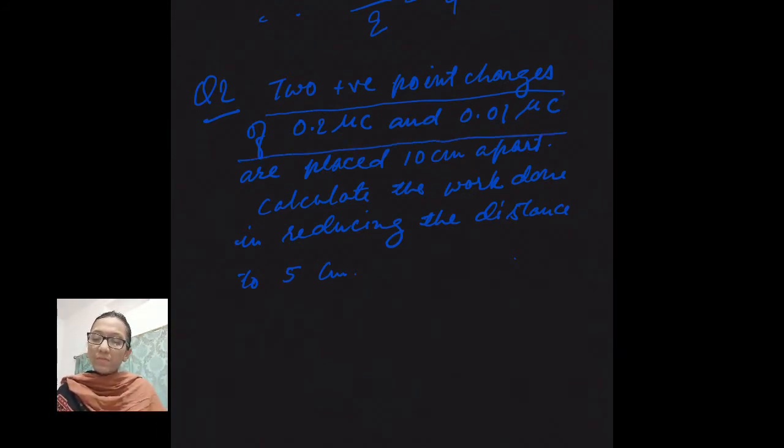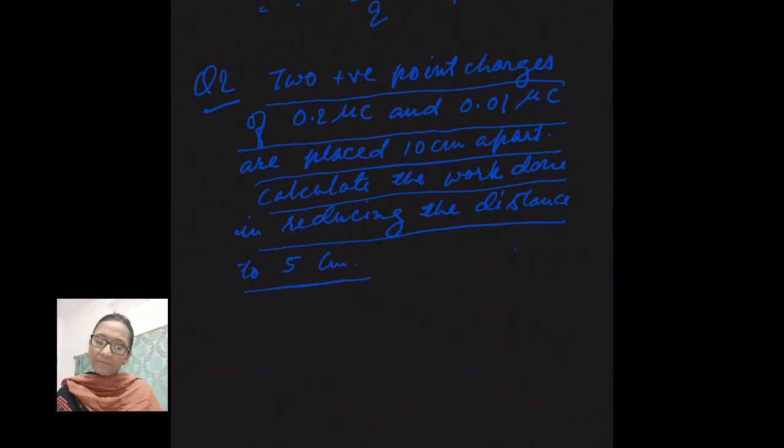Two positive point charges of 0.2 microcoulomb and 0.01 microcoulomb are placed 10 cm apart. Now calculate the work done in reducing the distance to 5 cm. So firstly, the charges were at a distance of 10 cm.